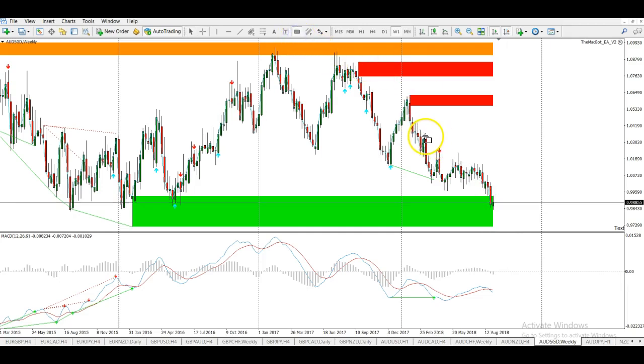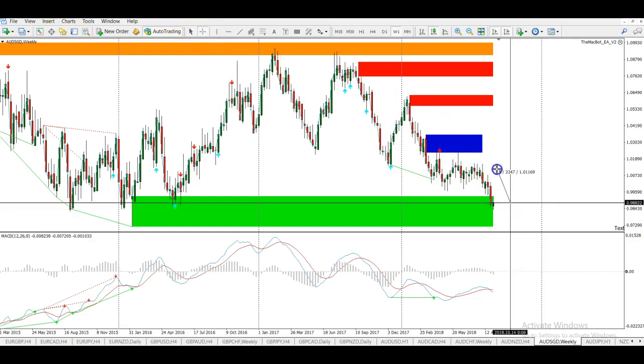This is another weekly area where it's likely to hit. See, it's popped up and hit there twice, so that would be my target, which is 300 pips, 150.